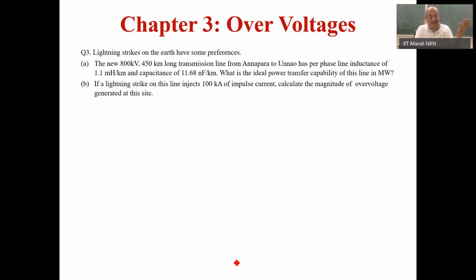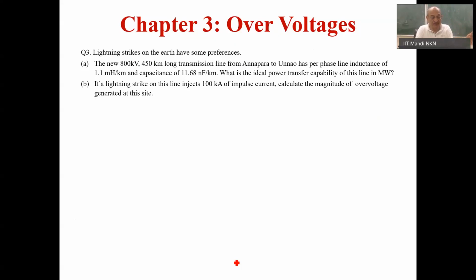If it doesn't get any metallic body, then it may strike even on the plain surface of the ground. It also strikes on the top of trees, top of buildings, and even in buildings, if the conductor is not there, the corners are the most vulnerable locations for the lightning to strike upon.